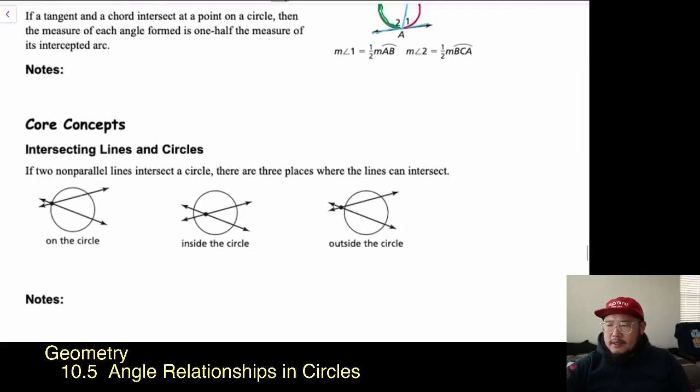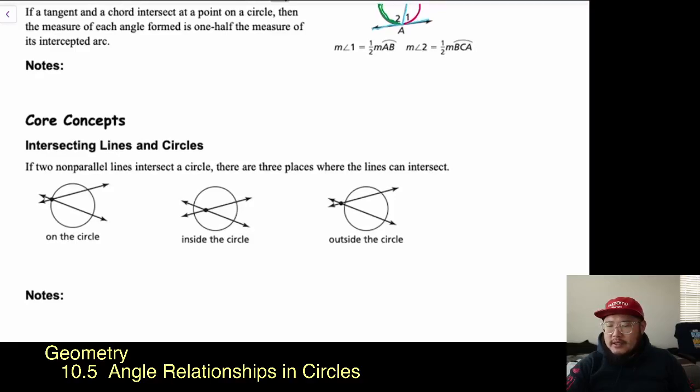In our next concept, we have intersecting lines and circles. It states that if two non-parallel lines intersect a circle, there are 3 places where the lines can intersect. They can intersect on the inside, as you can see right here in the middle diagram.